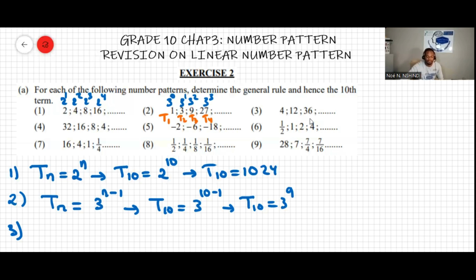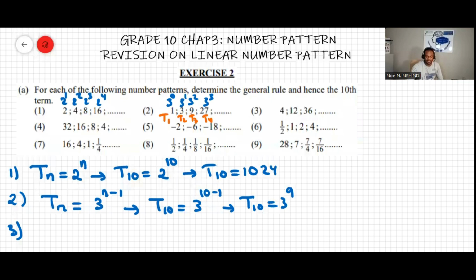Now, what can we do here? Let me rewrite it over here: 4, 12, and 36. I said it's increasing by a ratio of 3. If you look at 12, it's 4 times 3, and 36 is 12 times 3.